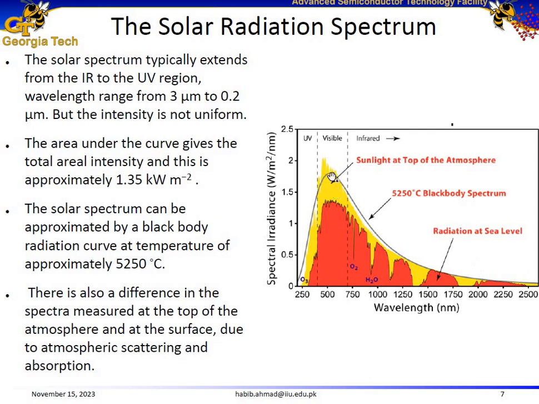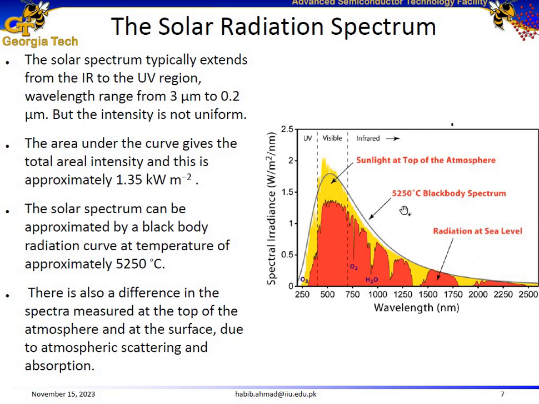So we have most of the intensity of the solar light, or power per unit area of the solar radiation, in the visible light range. Also, we see that the solar spectrum actually kind of replicates black body radiation at 5250 degrees C, which is the black curve over here.